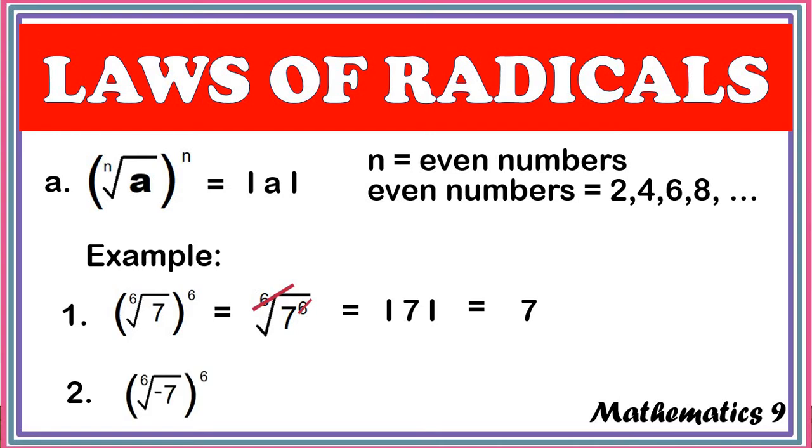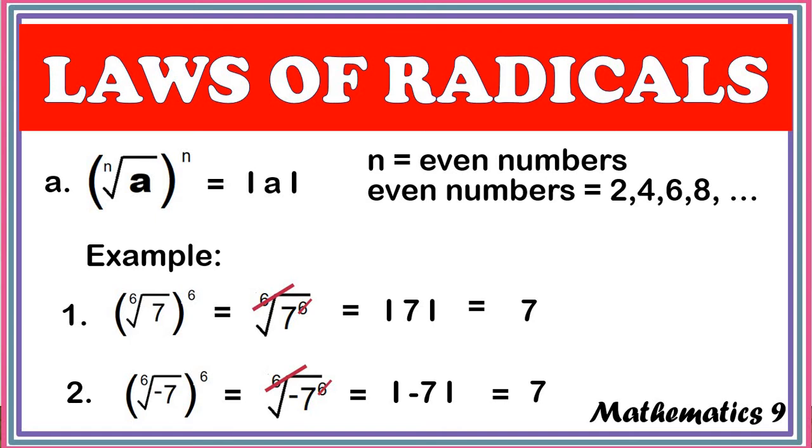However, if our given is the 6th root of negative 7 raised to the power of 6, okay, we canceled it. So, the answer is the absolute value of negative 7. So, ang pinaka-final answer natin dyan is positive 7. So, kahit negative ang makuha mo, since even number ang index natin or order, it will turn into positive dahil magiging absolute value siya.